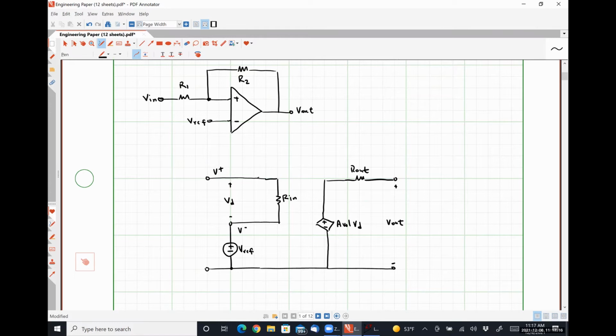Between my non-inverting input terminal and V out, I have a resistor R2.